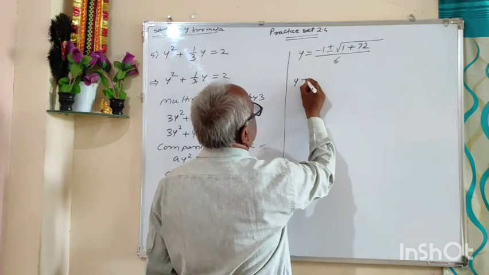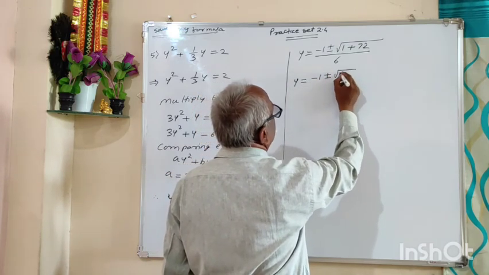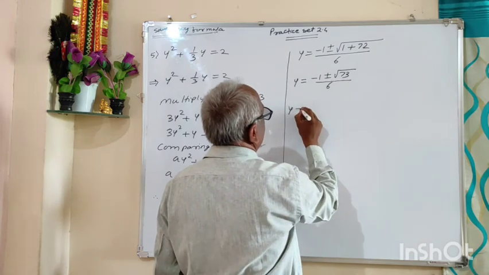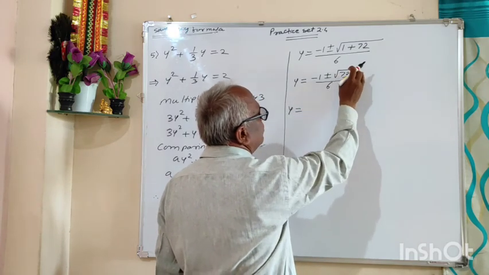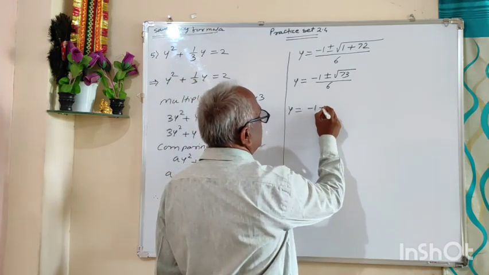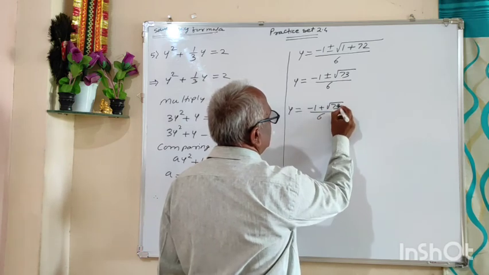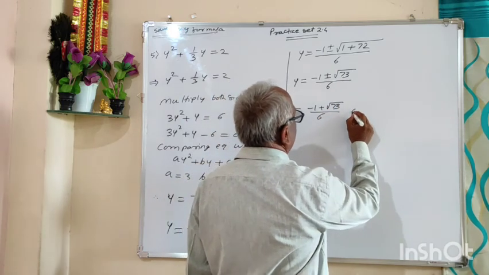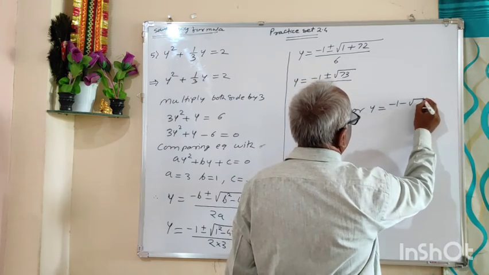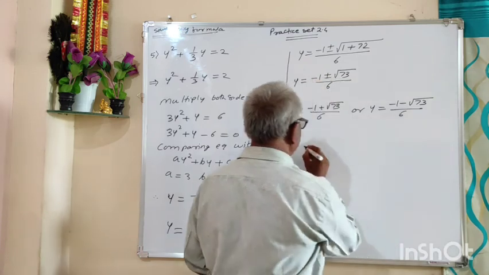So y is equal to minus 1 plus or minus under root 73 upon 6. Therefore y is equal to, here we are not able to get the square root of 73, so minus 1 plus under root 73 upon 6, or y is equal to minus 1 minus under root 73 upon 6.